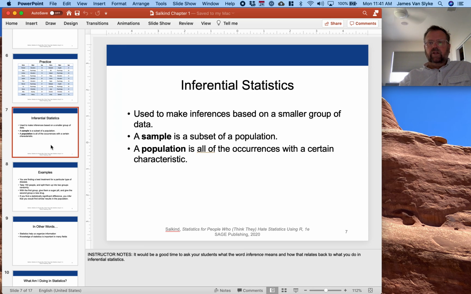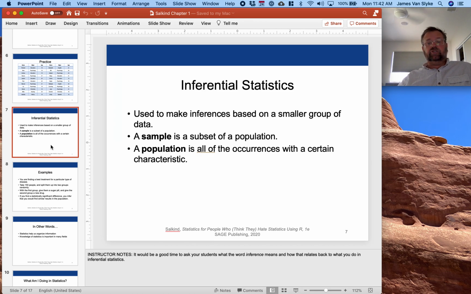There are two basic data sets that we often work with: a sample and a population. A sample is a smaller subset of a population. A population is the entirety of the particular group of people that we're looking at.